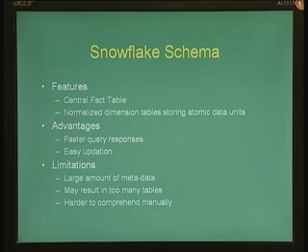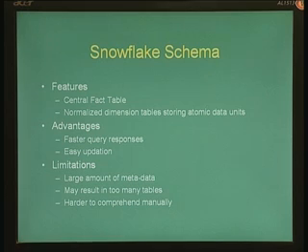And what are the advantages of this? The query responses are faster, especially on the dimension tables. We do not have to search through the dimension table for specific queries, because it is normalized and you have several foreign key relationships and index structures and so on, and it is easier to update, especially on the dimension tables.